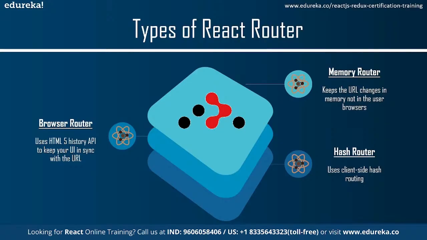It doesn't need any configuration in the server to handle routes, and it is used to support legacy browsers which usually don't support the HTML5 pushState API. It is very useful for legacy browsers or when we don't have server logic to handle the client side, and this router isn't recommended by the React Router DOM team.